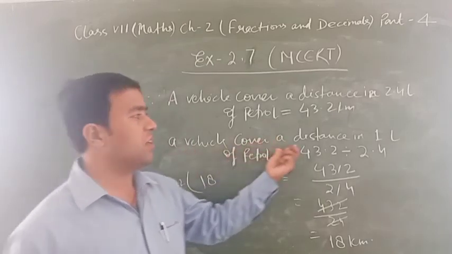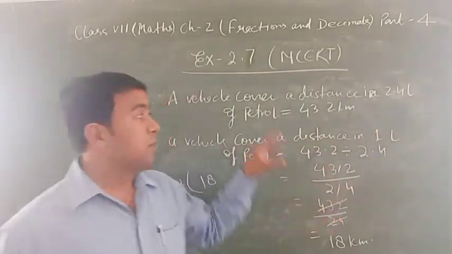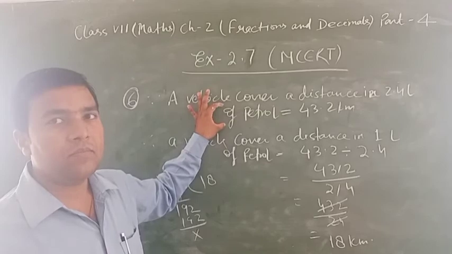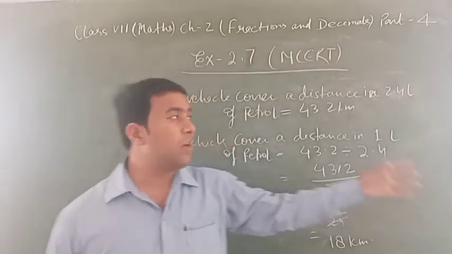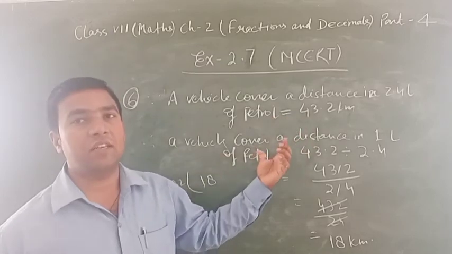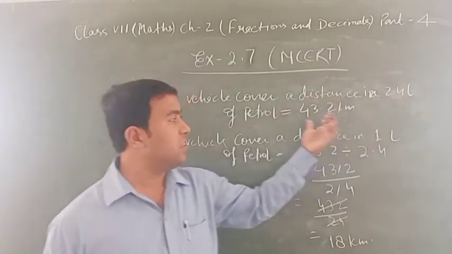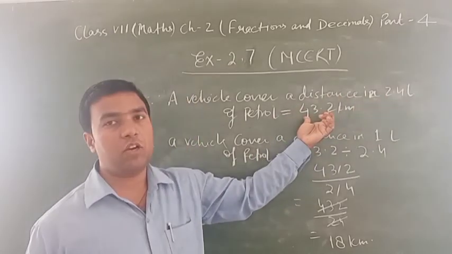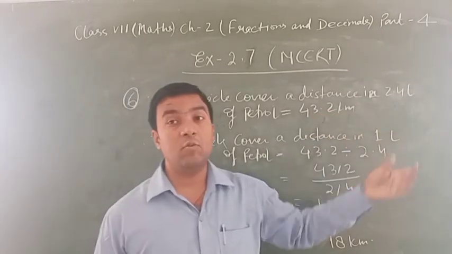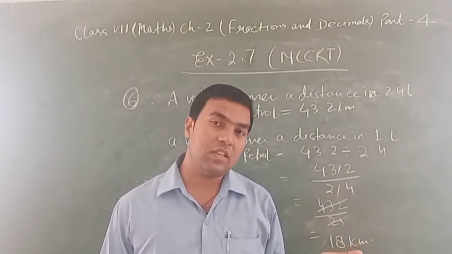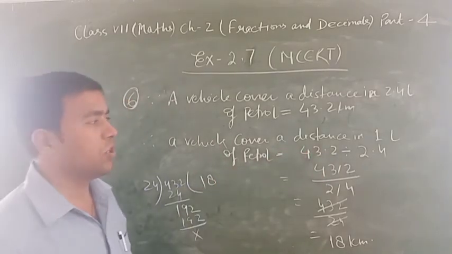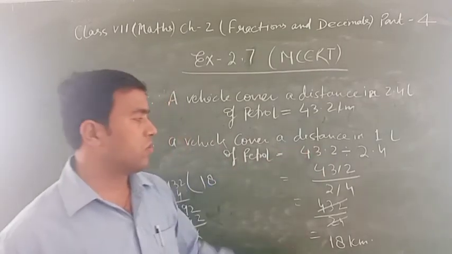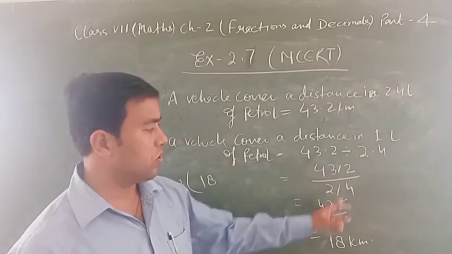A vehicle covers a distance in 1 liter. If you are asking from maximum to minimum, you will multiply. But minimum is asked: in 2.4 liters it goes 43.2 kilometers. Asked in 1 liter, how much distance will it cover? Means divide 43.2 by 2.4. 43.2 upon 2.4.